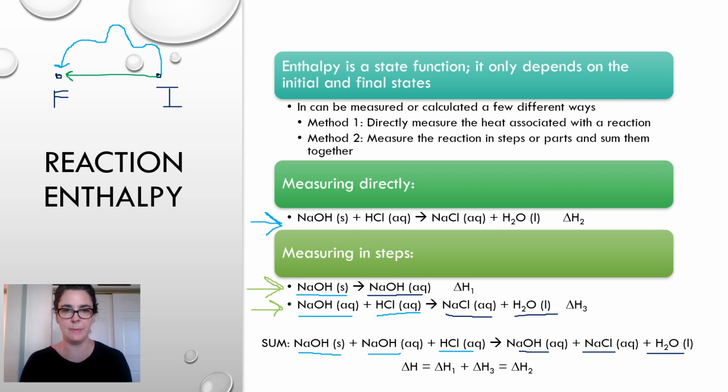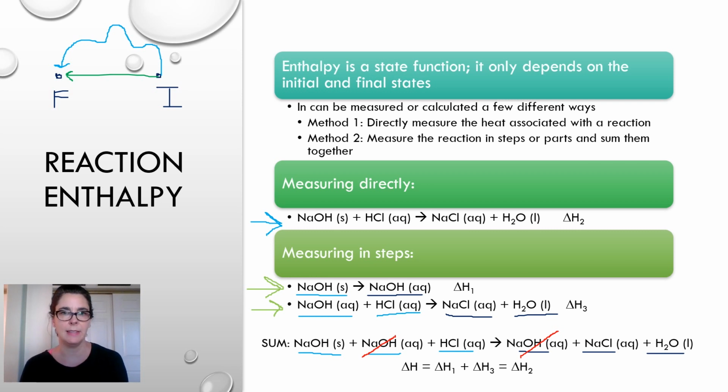Once we sum them together, anything that is the same on either side, we call those intermediates, we can eliminate. So aqueous NaOH cancels with aqueous NaOH on each side, and we're left with the sum of these two reactions being our direct measurement of reaction number 2.